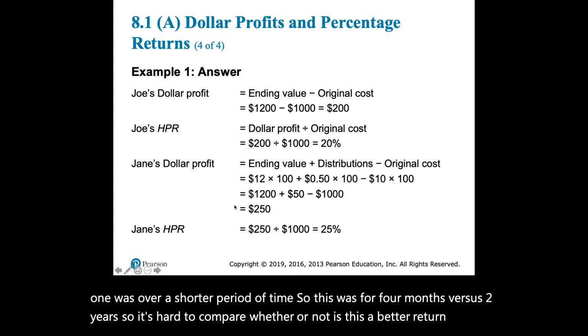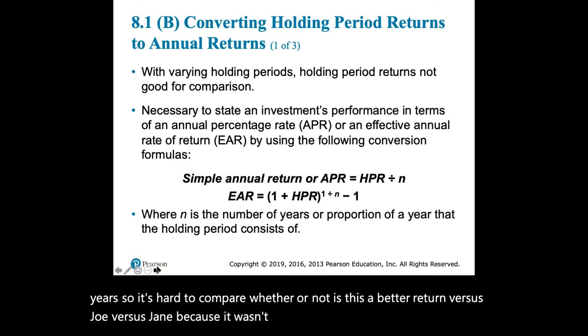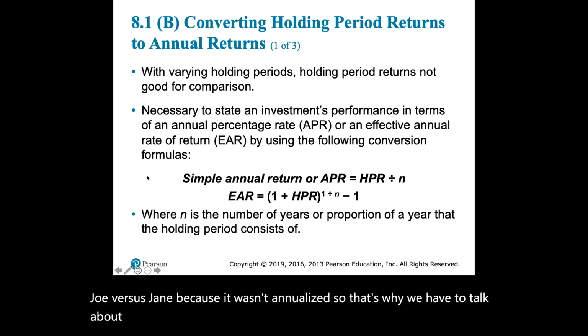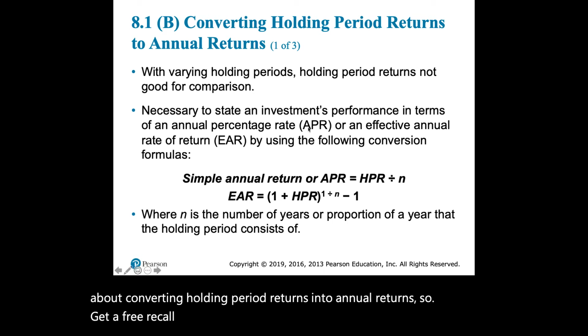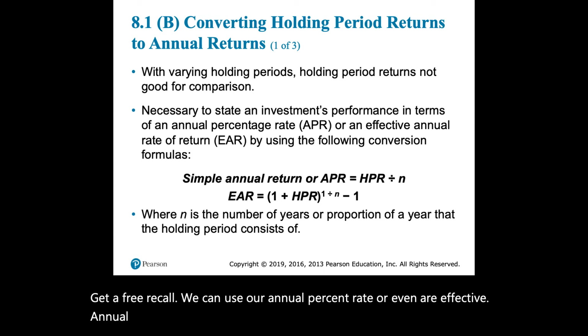So that's why we have to talk about converting holding period returns into annual returns. If we recall, we can use our annual percent rate or even our effective annual rate to convert it, and then we can compare appropriately where we have two consistent annual rates.